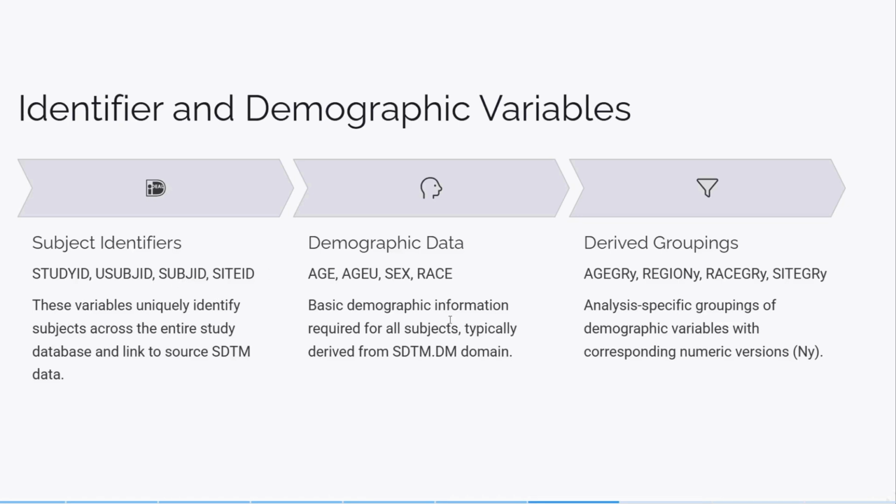In the demographic data, you have grouping variables, such as age related subgroup analysis, which ADSL can share with other domains. The basic demographic information required is age, sex or gender of the subject, and race. These three categories will be considered identifier and demographic variables.